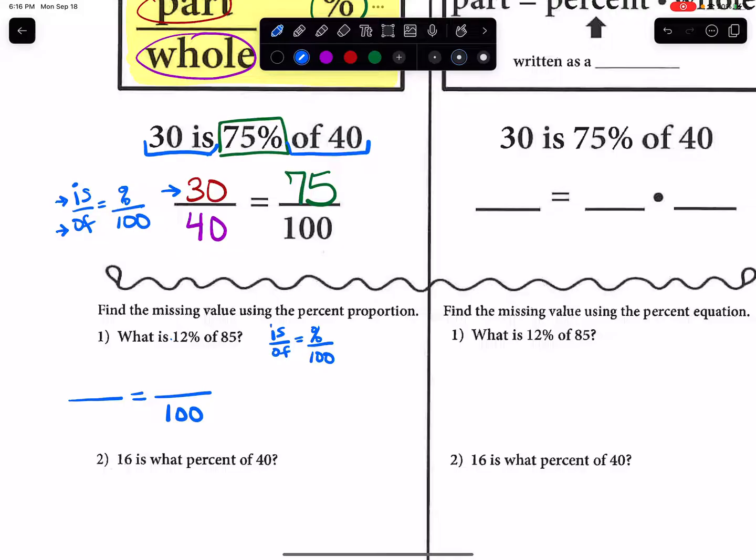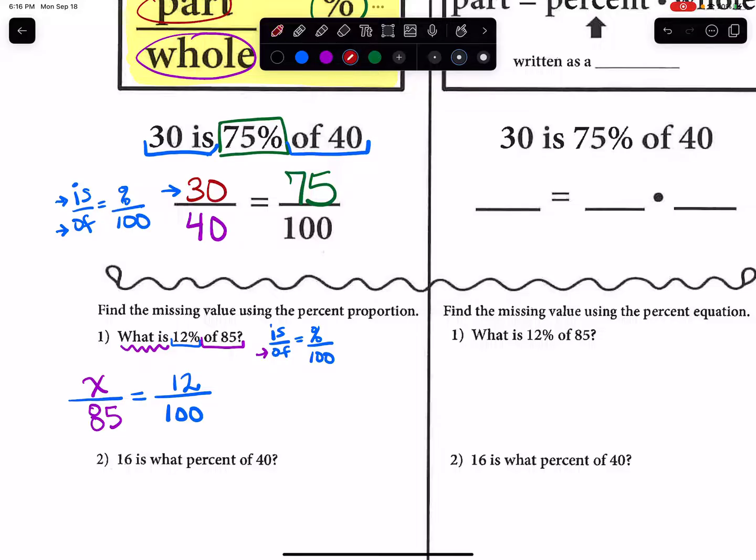Then look and see if they gave you the percent. They did. It's 12%. So now I just have to decide if that 85 is the is, or the of, or the part or the whole. Since it's next to the of, that goes in the denominator. That means it's the whole. We don't know what the is. In fact, it actually says what is. And anytime you see that what, that's what you're looking for. And you can use a variable to represent the thing that you don't know.